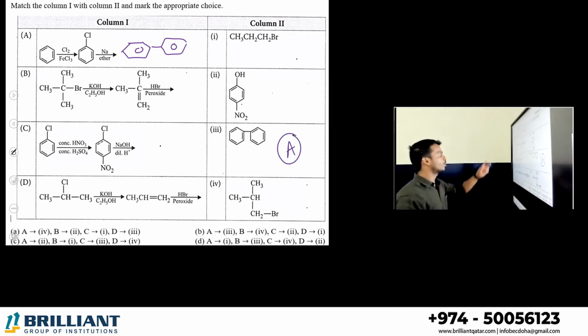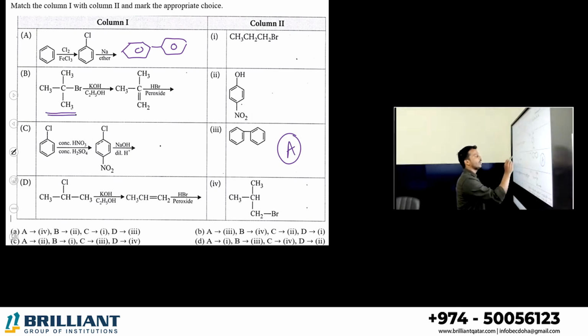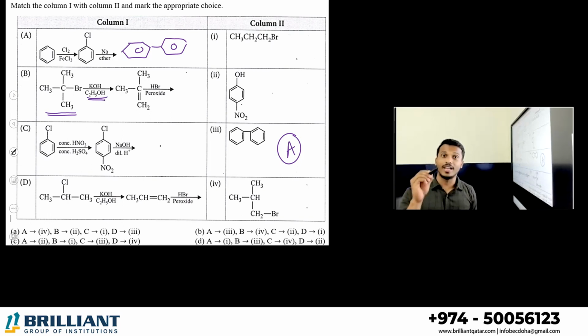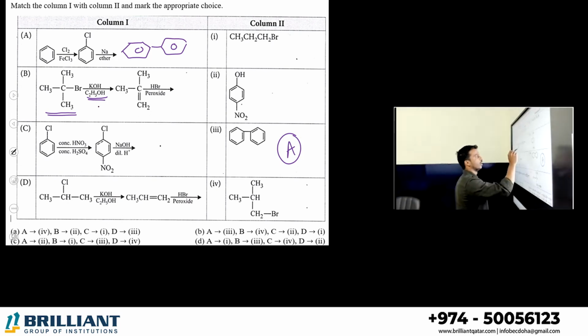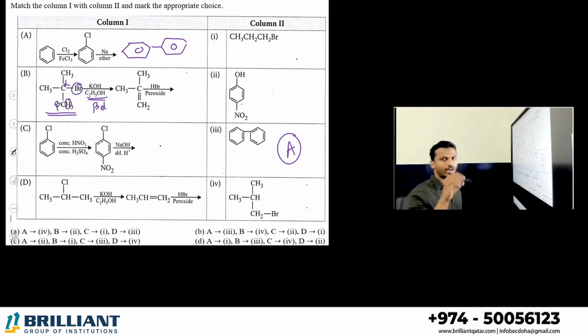Okay. Compound number B. This is a haloalkane treating with C2H5OH, ethanol, so alcoholic KOH. What is alcoholic KOH? Beta elimination. What is beta elimination? Take a halogen from alpha carbon, take a hydrogen from beta carbon, put a double bond between alpha and beta.